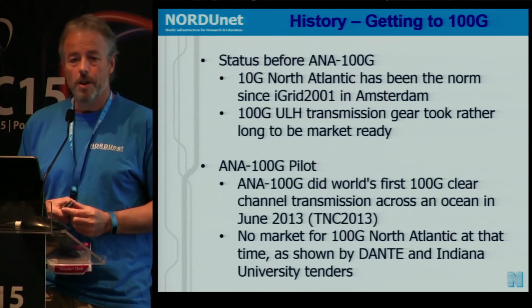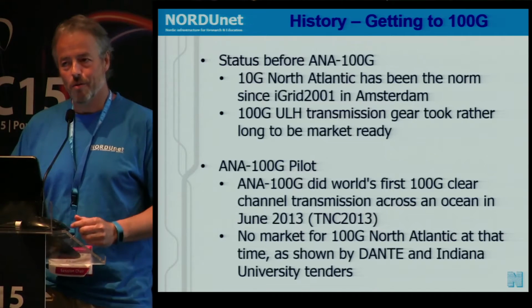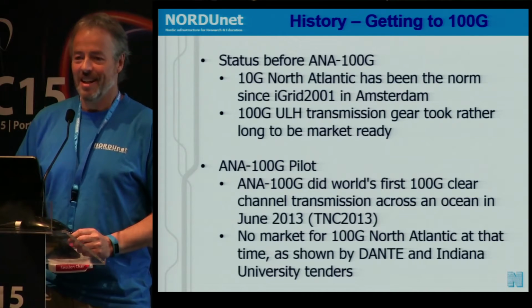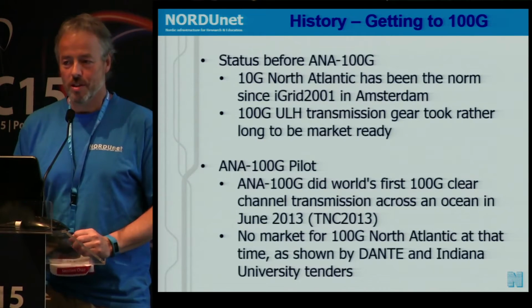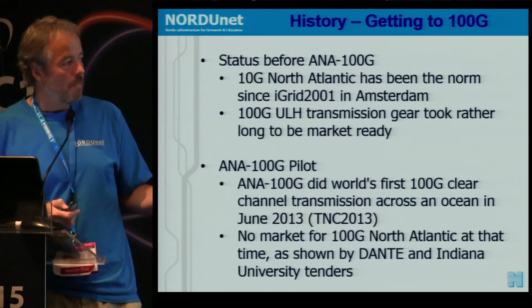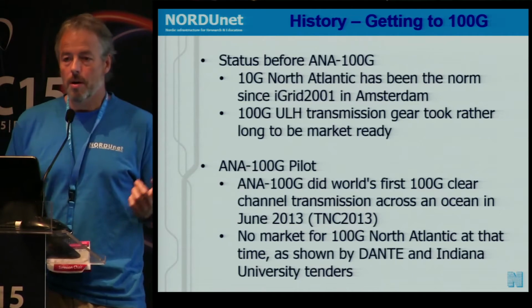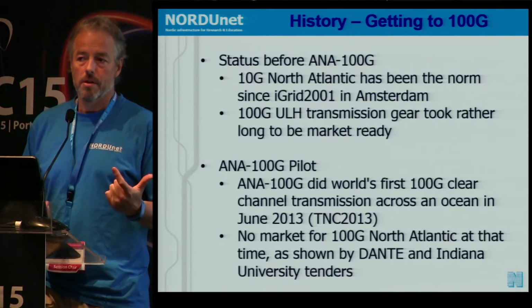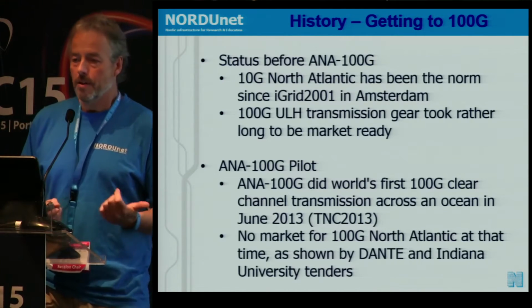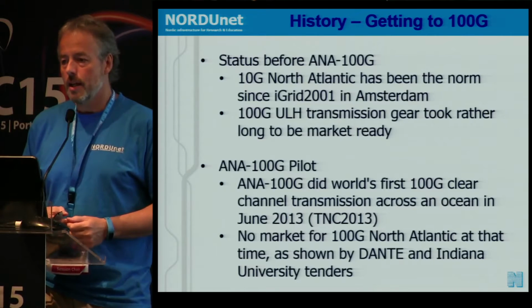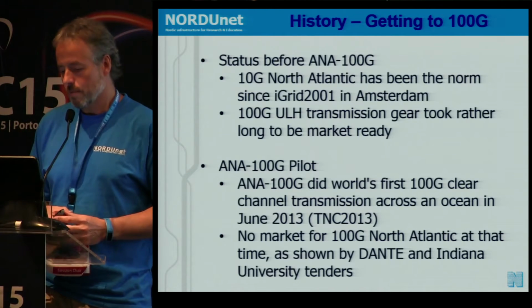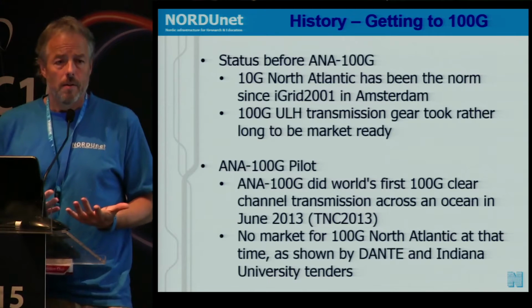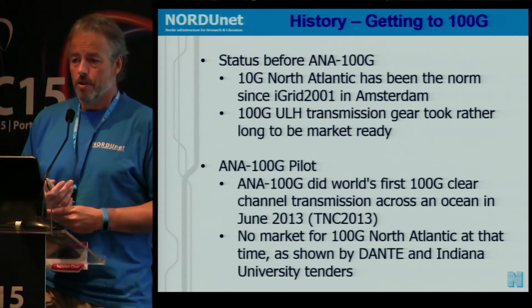Well, fast forward through a lot of discussion and arm twisting and more arm twisting. Out of that came ANA 100 gig, a pilot with two commercial partners, a vendor, Sienna, and a carrier, Tata Telecommunications. We tried to say, okay, deliver a service to us.